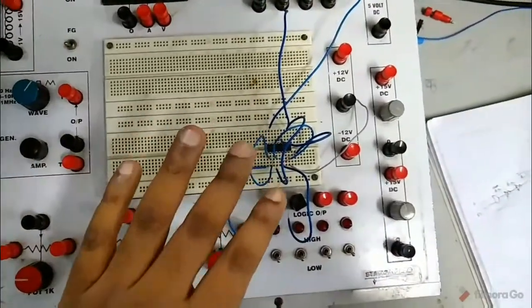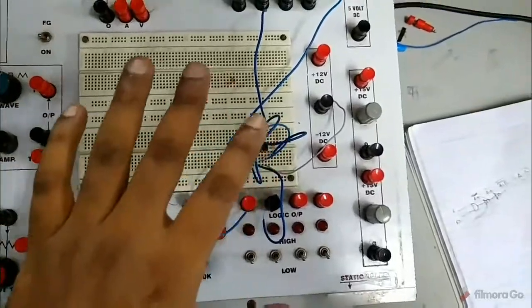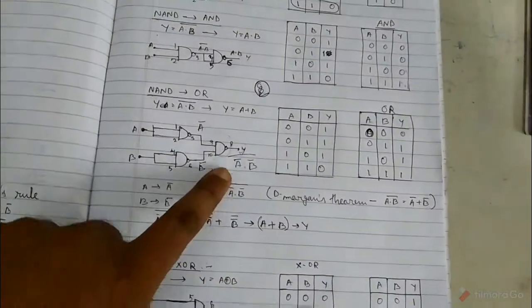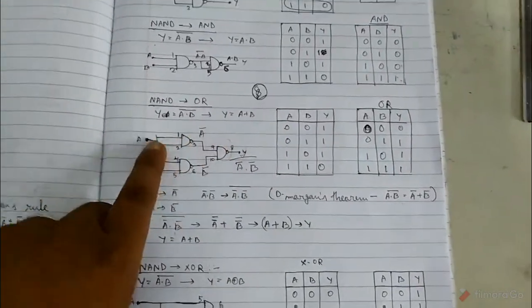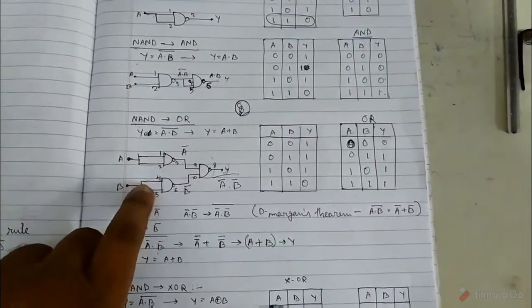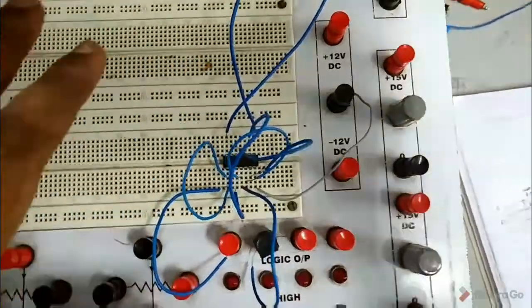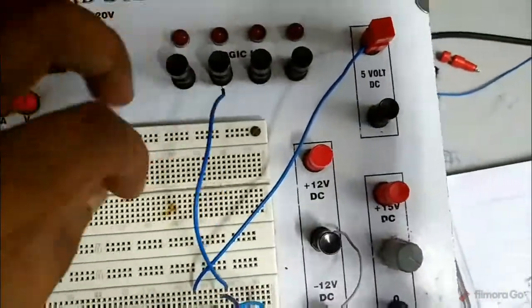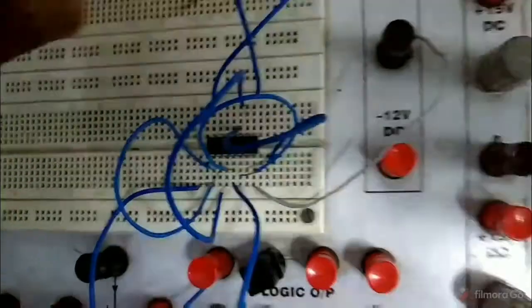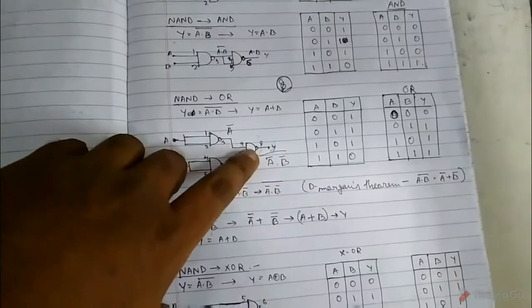Now this has been connected as an OR gate. As you can see, in the OR gate we are connecting 3 NAND gates, and the output has been taken from pin number 8, the third NAND gate.